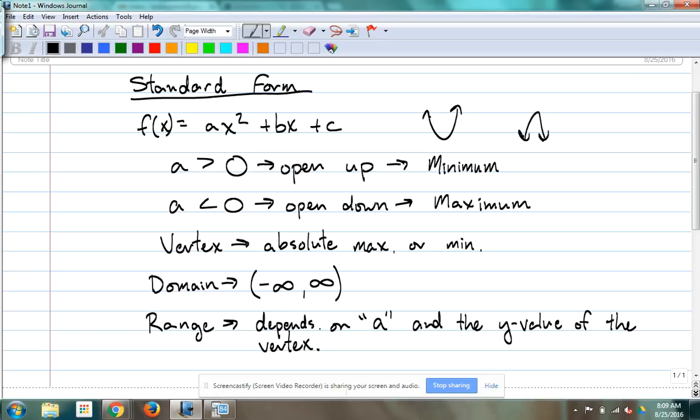If it opens upward, you're going to have a range that starts at the y value of the vertex and goes to positive infinity. If it opens down, you're going to have a range that starts at negative infinity and goes to the y value of the vertex. So your range is going to change. Your domain, though, is always that.